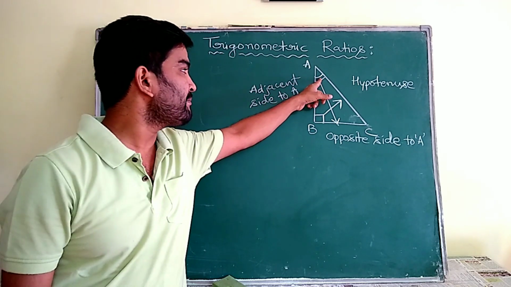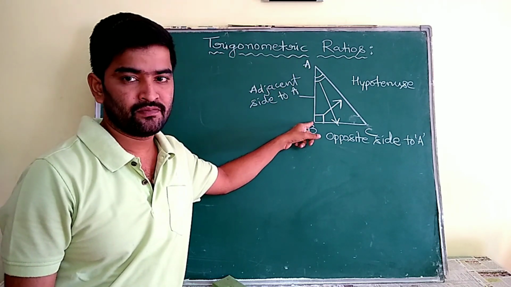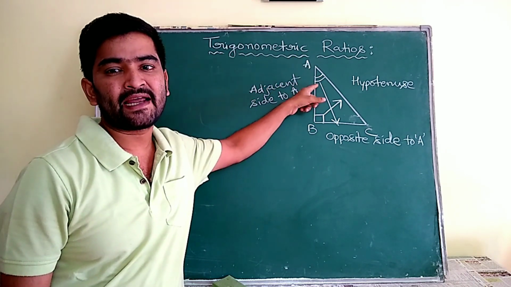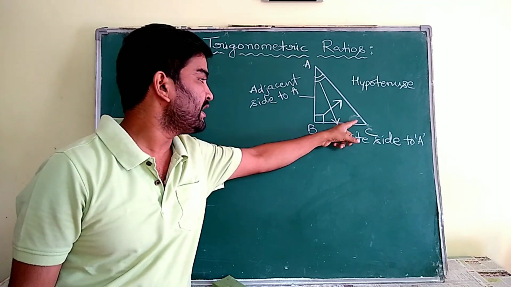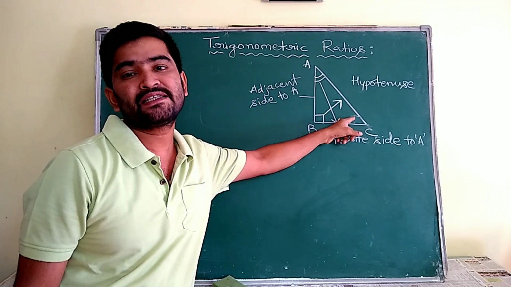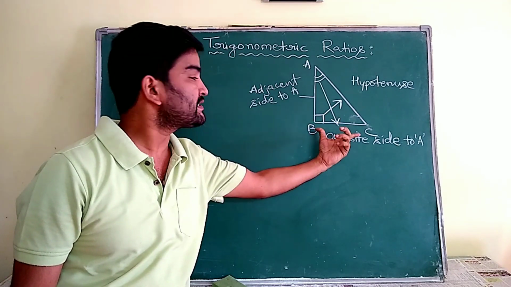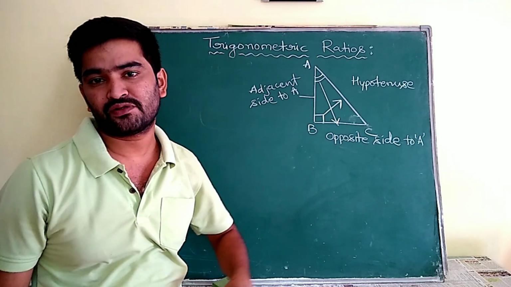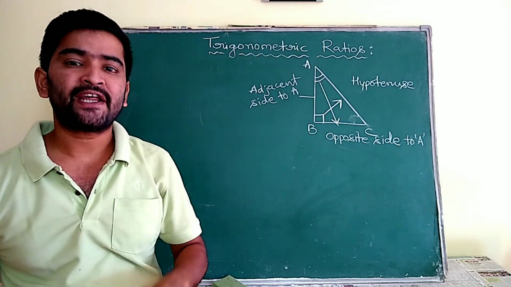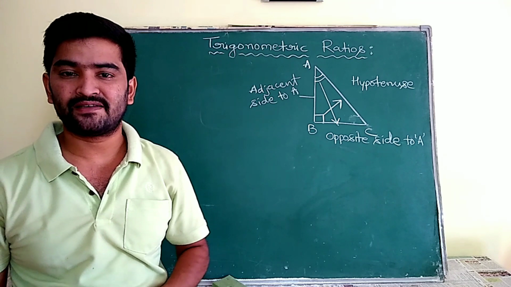So A may lie on AB, but angle A never lies on the hypotenuse. If we consider C, this C is adjacent to the side BC, not to the hypotenuse. So pointing out the adjacent side is very easy.